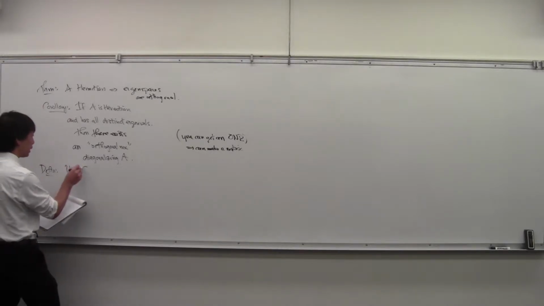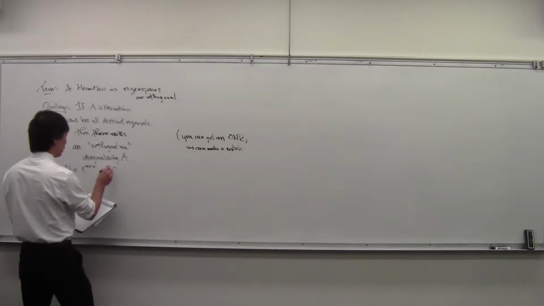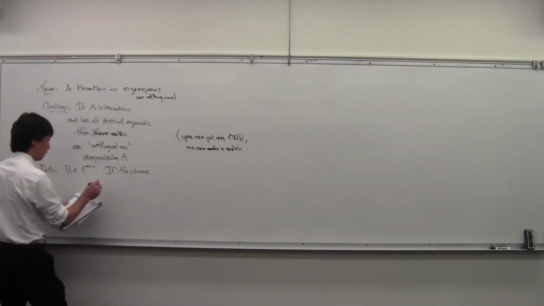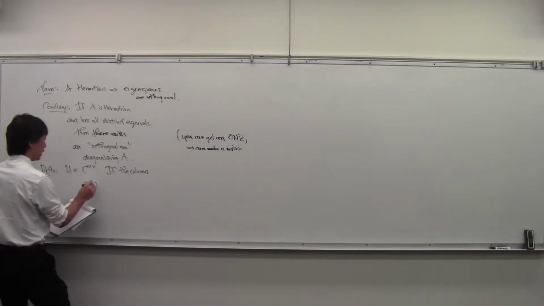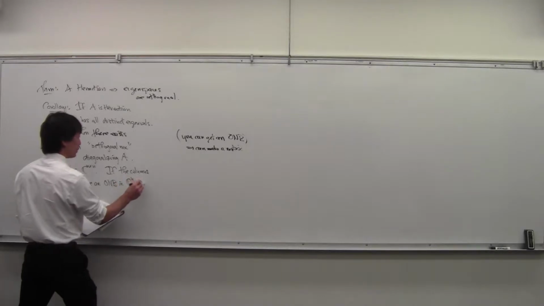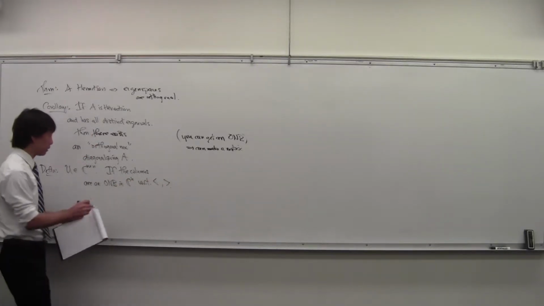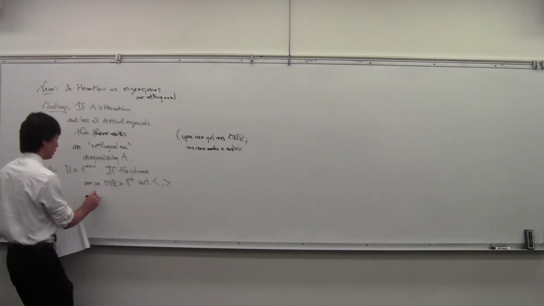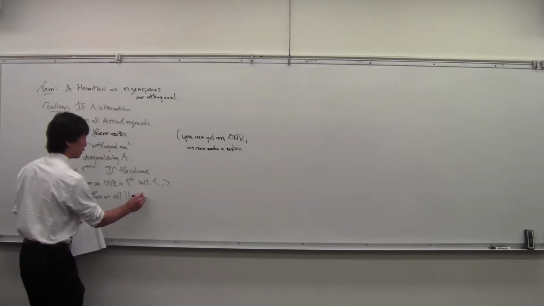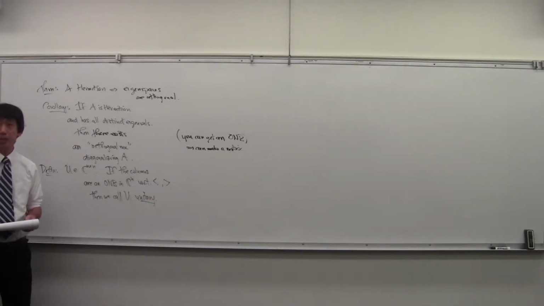If you have a complex matrix U, and its columns are an orthonormal basis in Cn with respect to the complex inner product, then we call U unitary. Okay, we call U unitary.